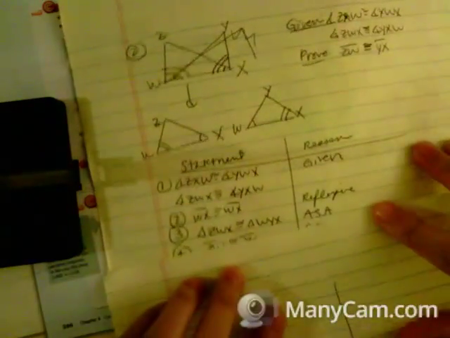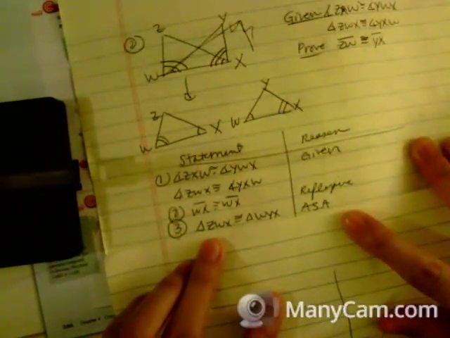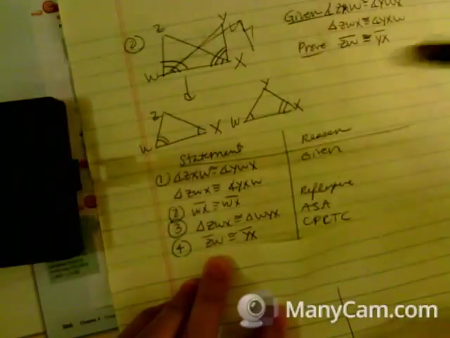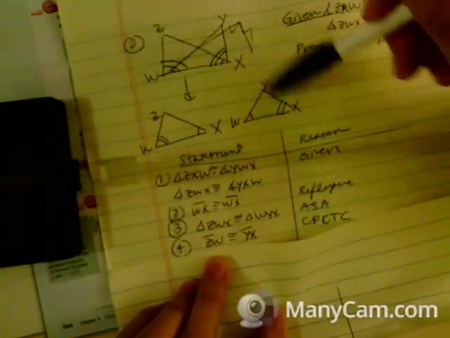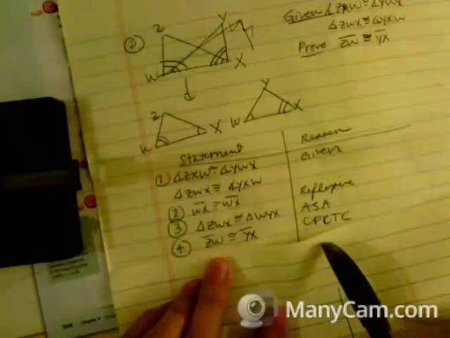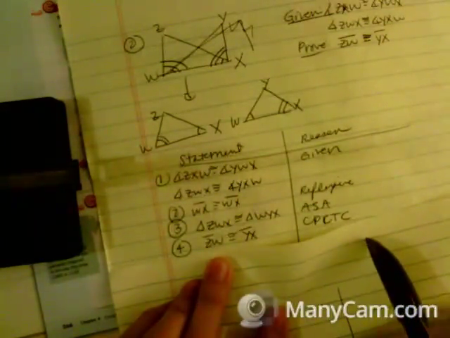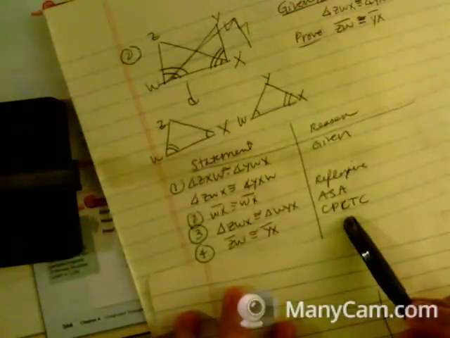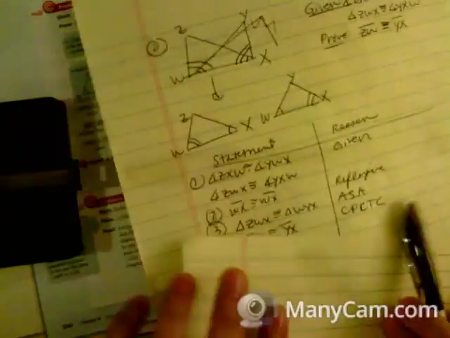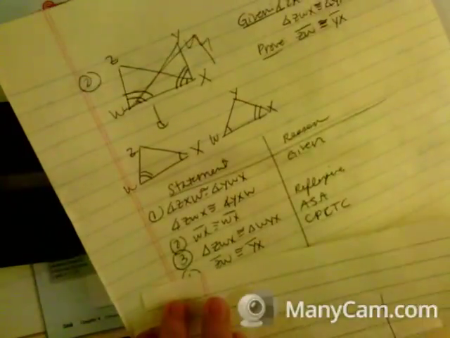Alright, and then because we said that these two triangles are congruent, we can now state that ZW is congruent to YX because corresponding parts of congruent triangles are congruent.